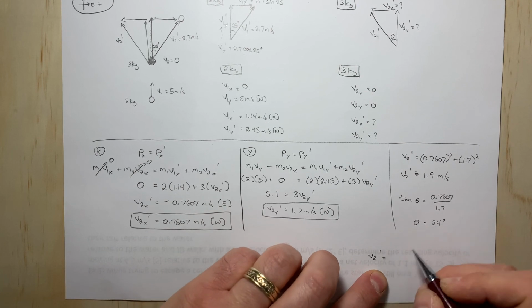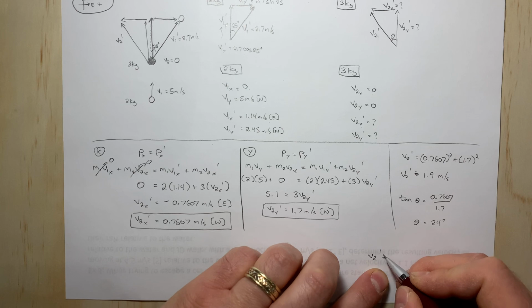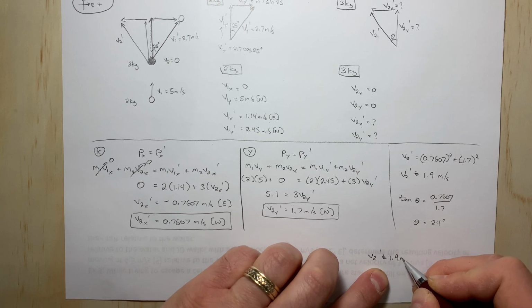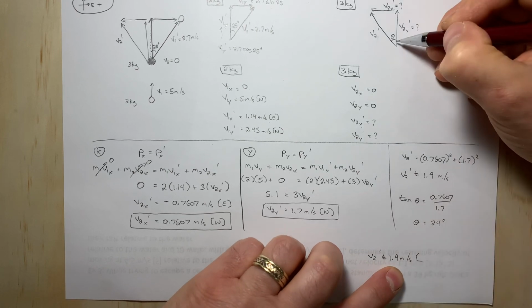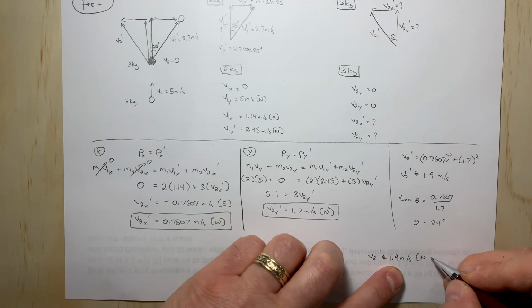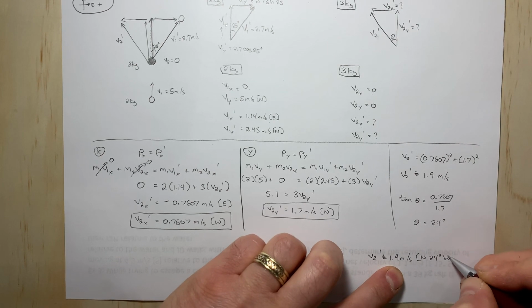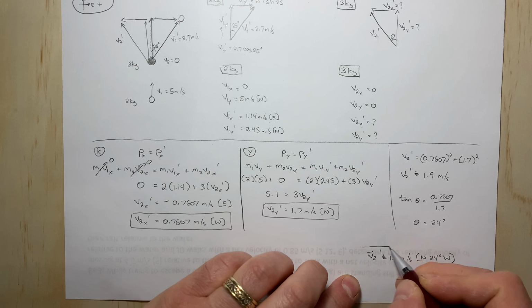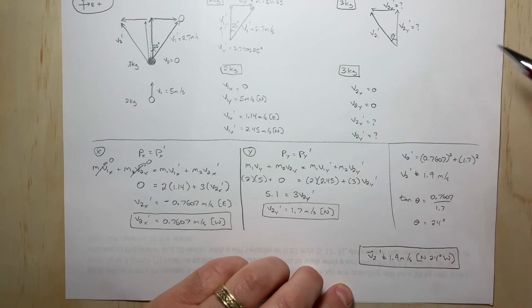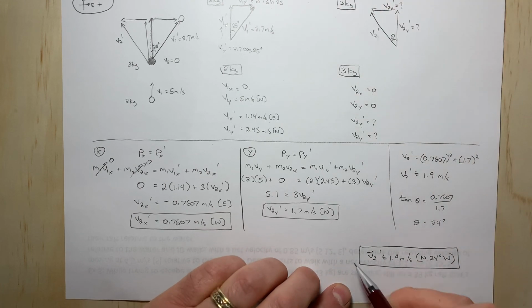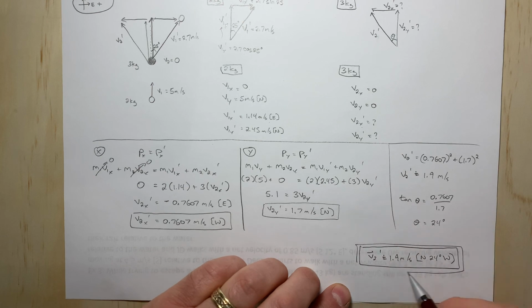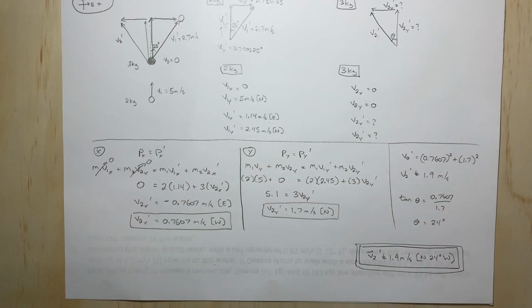Yep. V2 primed then is approximately 1.9 meters per second. This is north, 24 degrees west. Now I can stick a vector sign on it. And let me just make sure I answered the question. What's the final velocity? Yep, this is the final velocity of that bowling ball.